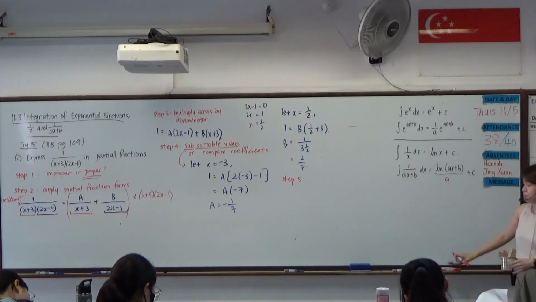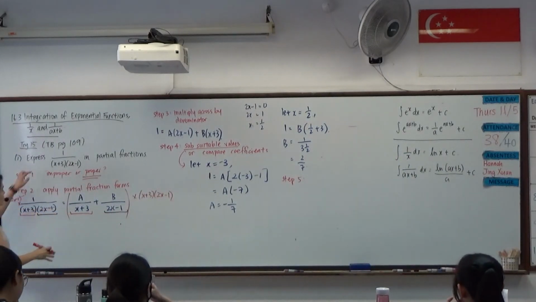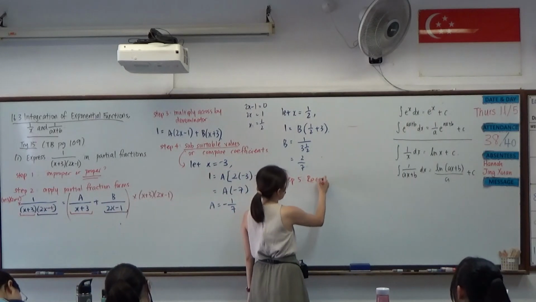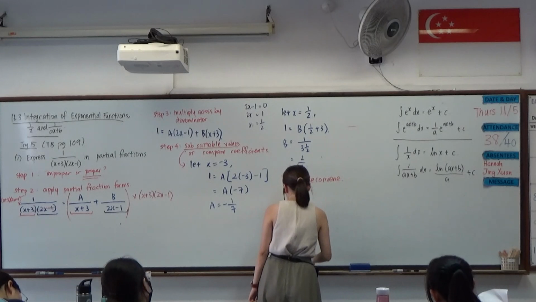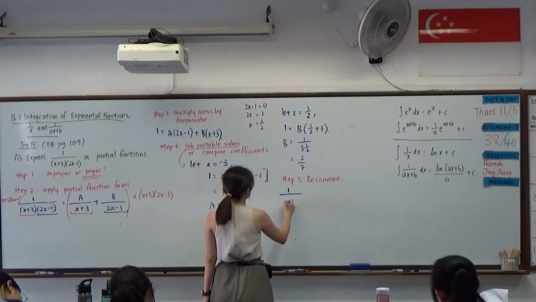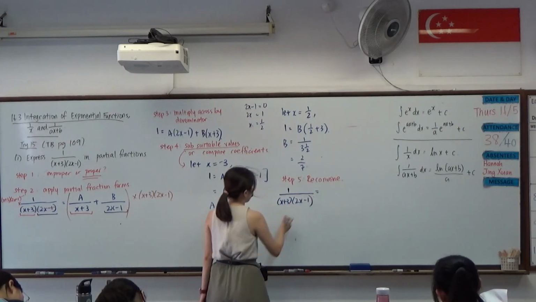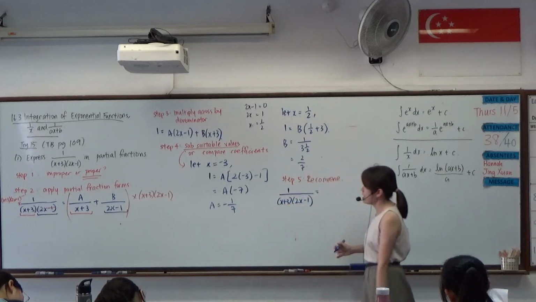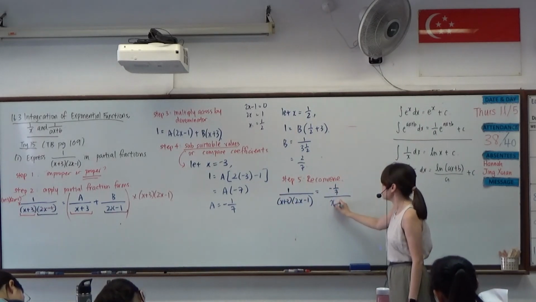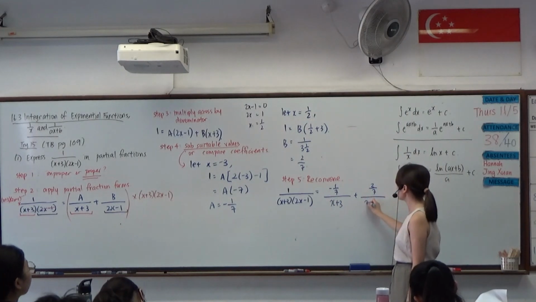And then the final step, reconvene: back to our question, to form it in partial fractions. We should answer the question, which is 1 over (x + 3)(2x − 1). It will be A, which is −1/7 over x + 3, and B, which is 2/7 over 2x − 1.